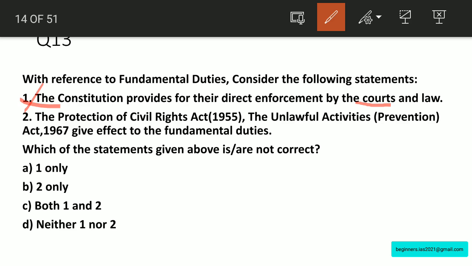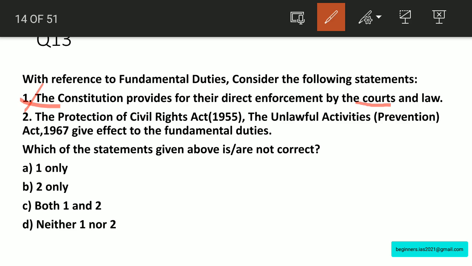One has to note that the Protection of Civil Rights Act 1955 bans untouchability, and similarly a communal organization can be declared an unlawful association under the provisions of the Unlawful Activities Prevention Act 1967, which means this also helps in promoting harmony and upholding the sovereignty of India.